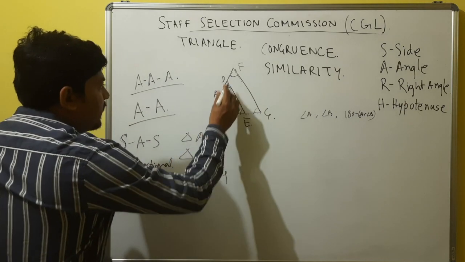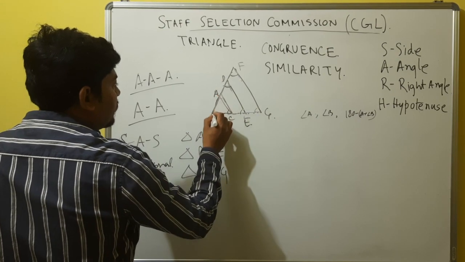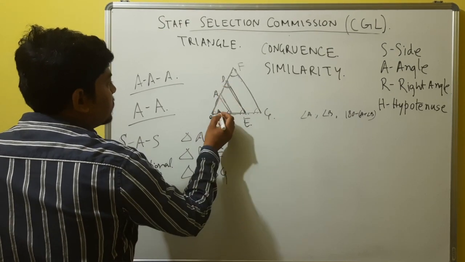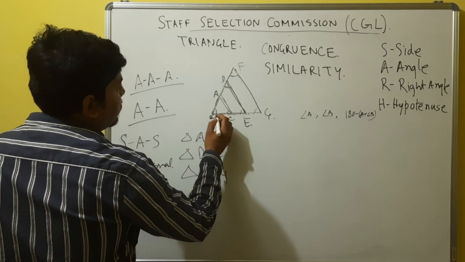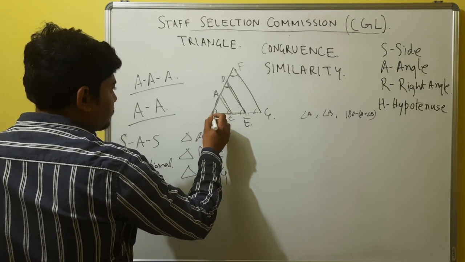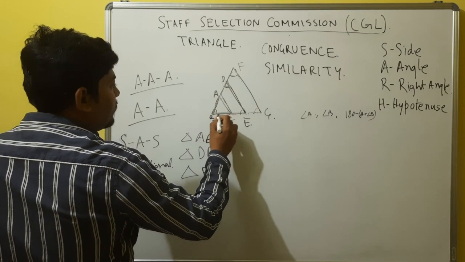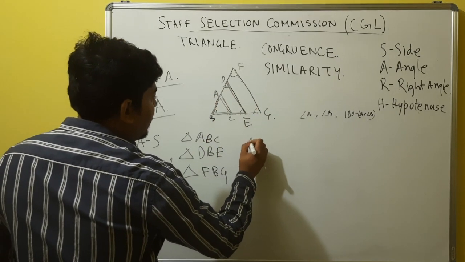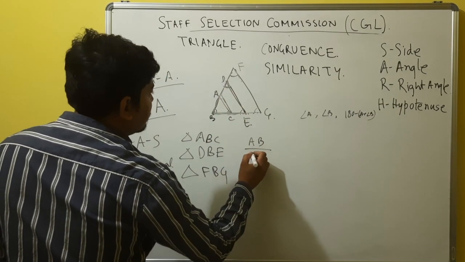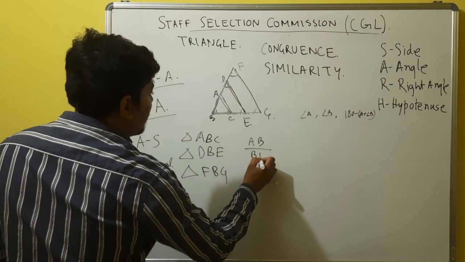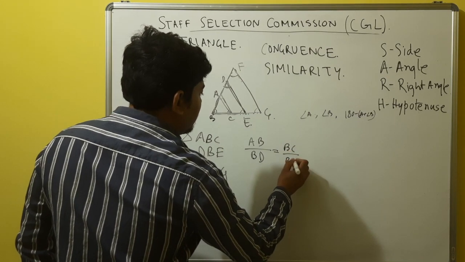Sides are proportional. Like in this situation, we consider triangle ABC and triangle DBE. The angle is the same, but the two sides are proportional: AB by BD equal to BC by BE.